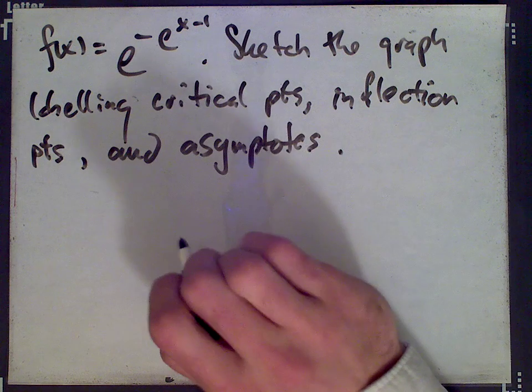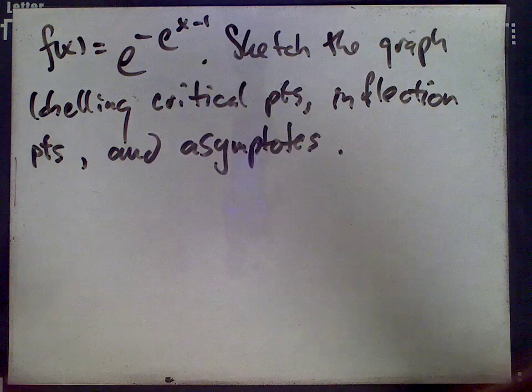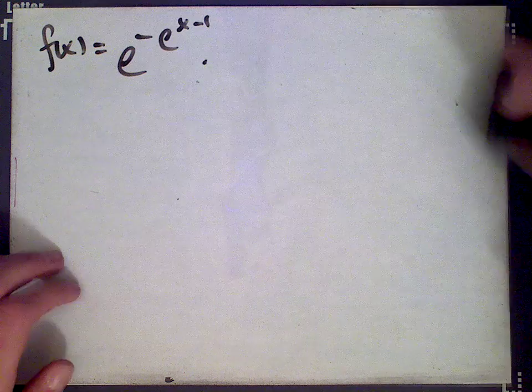Okay, so it's a sketching a graph question. So critical points, asymptotes, and inflection points.